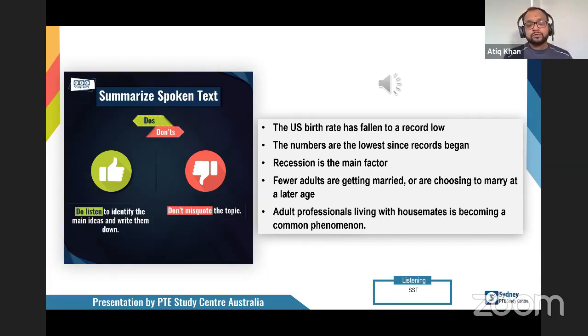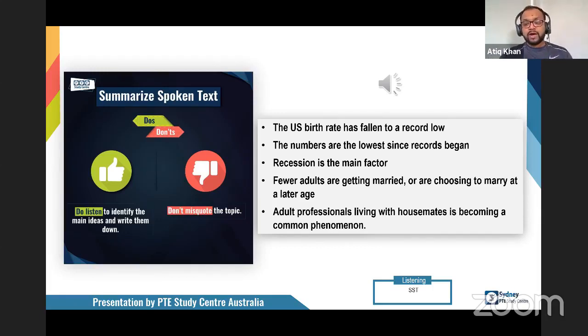What we don't want to do, just like in summarize written text, is come up with our own ideas. It is not about how we perceive the recording and what we've understood, and we don't have to paraphrase and rewrite it. We want to simply report what was said. So we want to write down only the main ideas. That's what we need to do with regards to summarize spoken text.